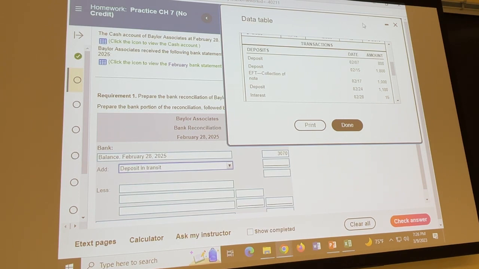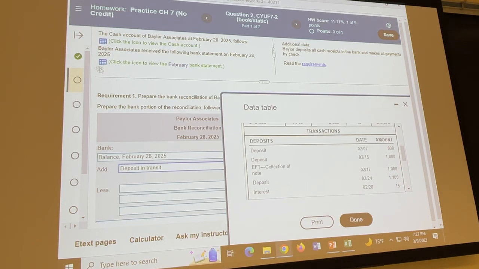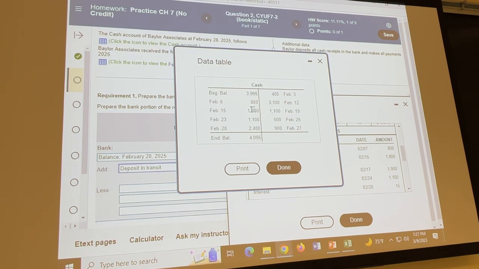So the last deposit on the bank statement was on February 24th for $1,100. If we look at our books, we see $1,100 on February 23rd, but then there was another debit February 28th for $2,400.